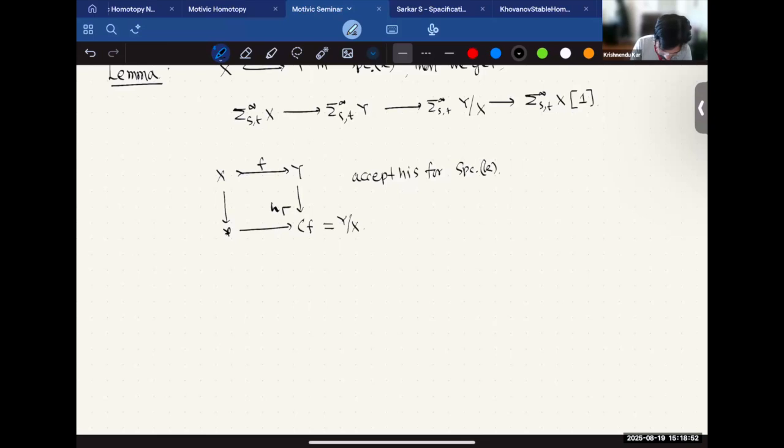And then you will get this distinguished triangle because of the suspension functor. Last time I did talk about this, I hope so.